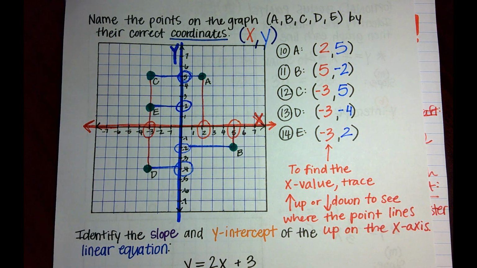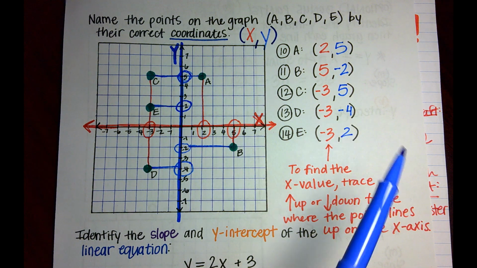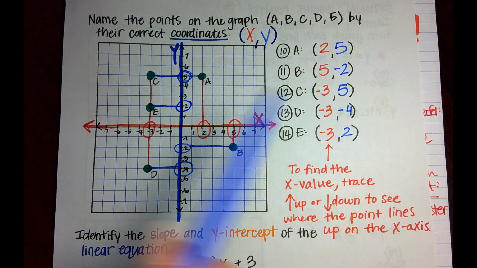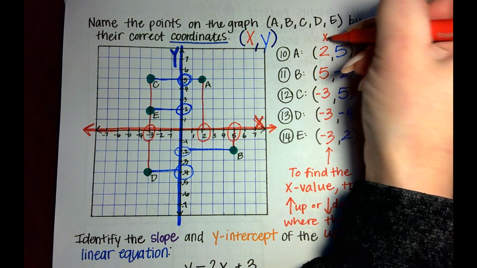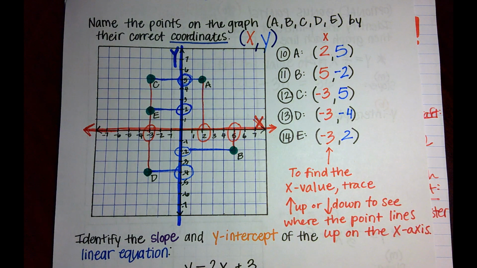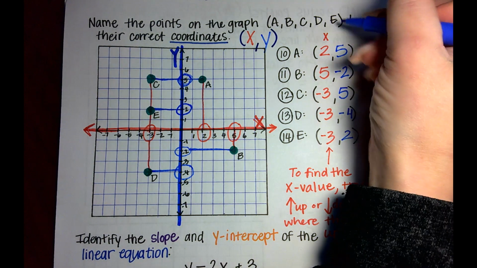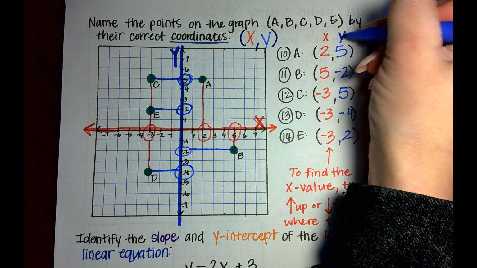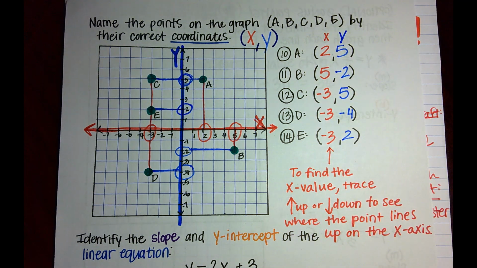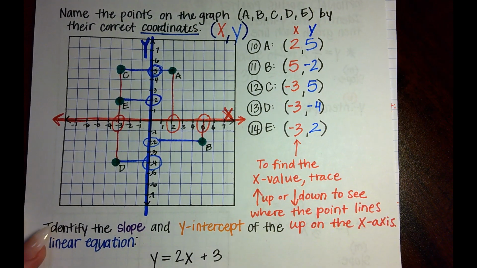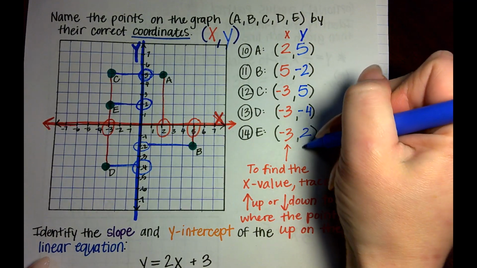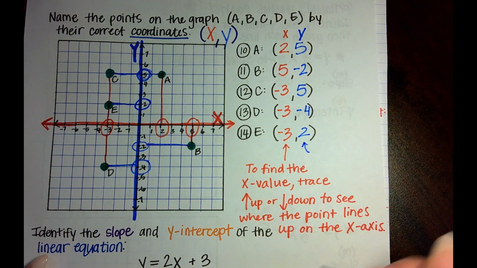So these are all of our points, our coordinates. All we do is see where the point lines up with the x-axis. That's our value for x. And then where it lines up with the y-axis. So if we wanted to make another note like we did for x, this is optional, but I'm going to write it just in case.